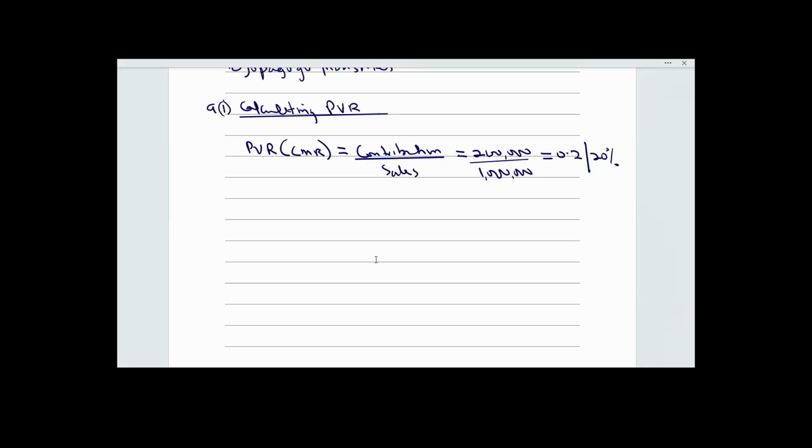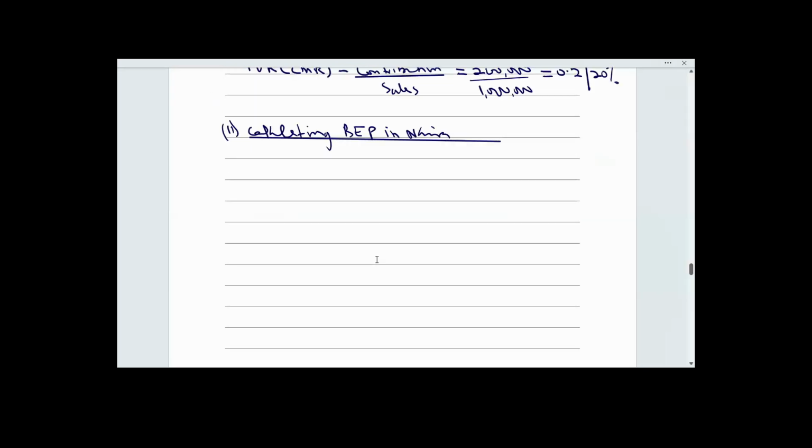So in this case, calculating break-even point, this will be break-even points in naira. Because in the question, we don't have selling price and we don't have number of units to assist us to calculate contribution per unit.